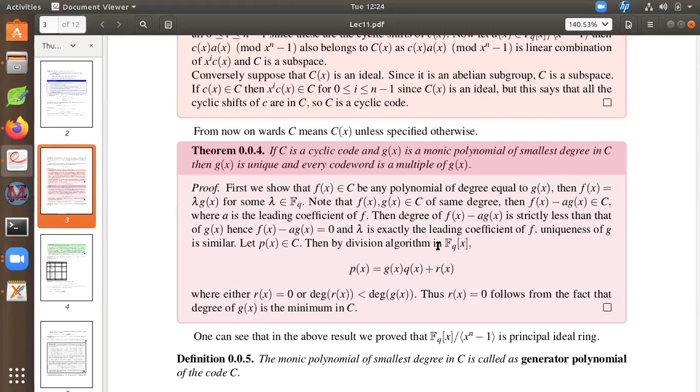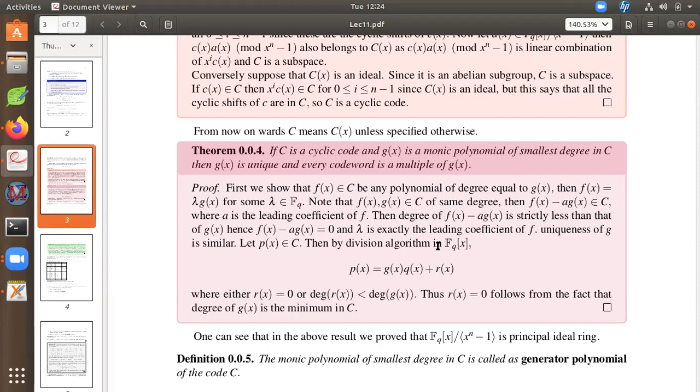Note that g(x) and f(x) both are in C. g(x) is also from C only, but it has extra properties: monic and smallest degree. Now when two code polynomials are there, the difference is also there, or any scalar multiple is also there. So f(x) minus a times g(x) will also be there. What is a? a is the leading coefficient of f.